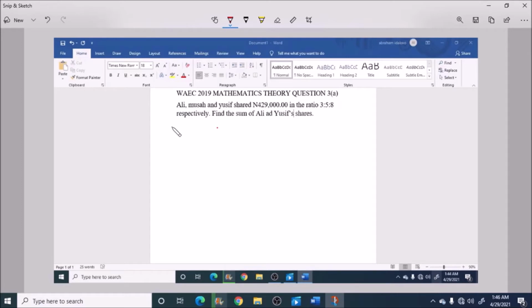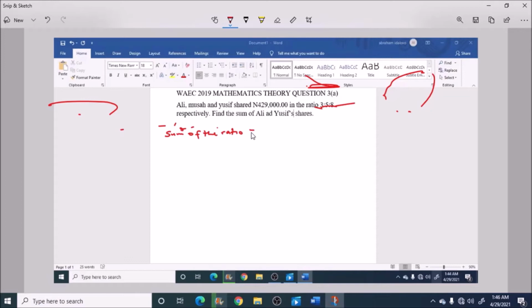The sum of the ratio is equal to 3 plus 5 plus 8, which is equal to 16.